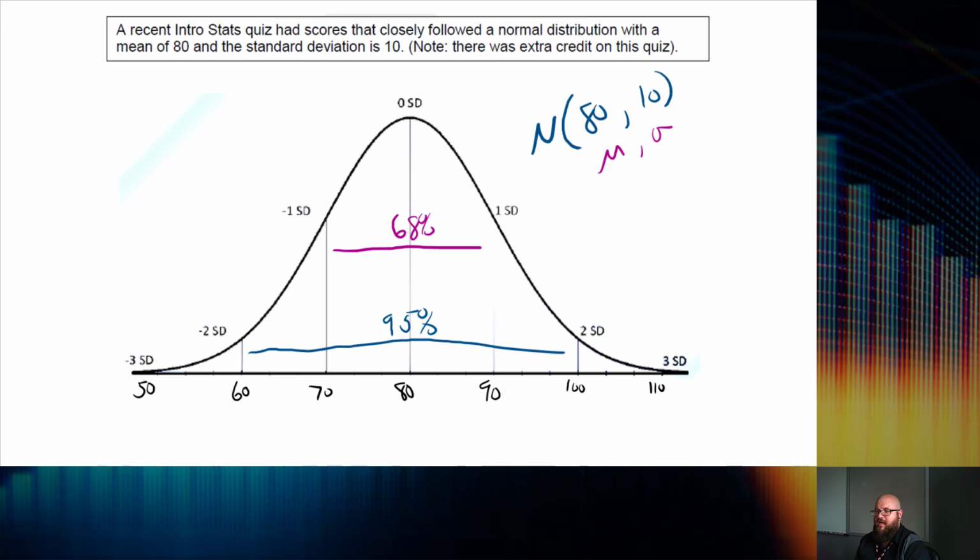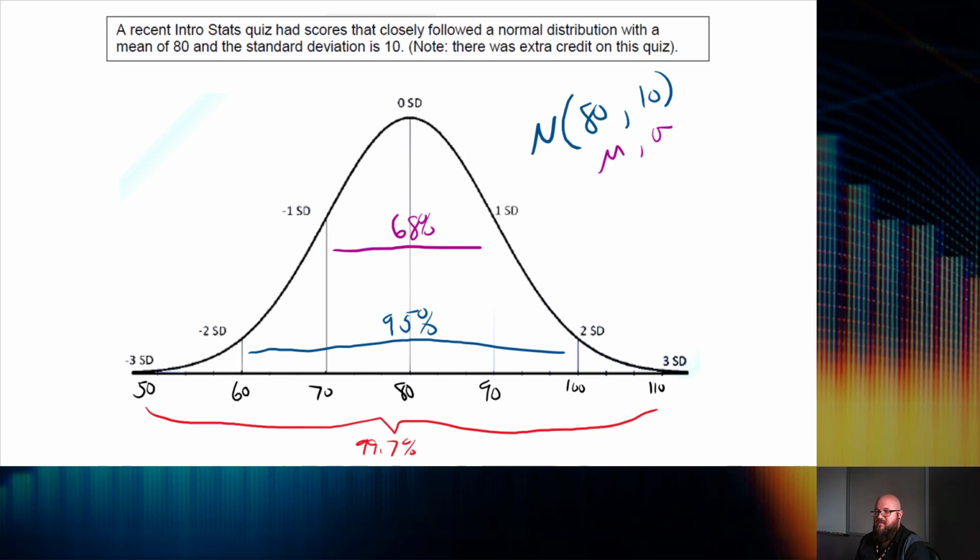And then if we were to look at -3 to +3, we should get 99.7%. Again, you're thinking, well, where's that other little 0.3%? Again, it's split up on the tails.